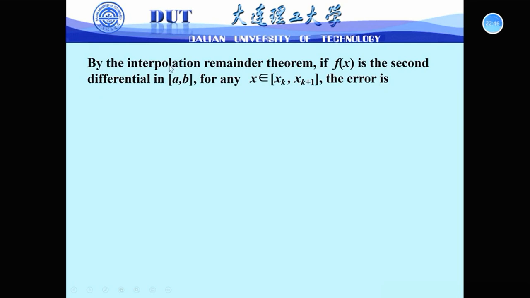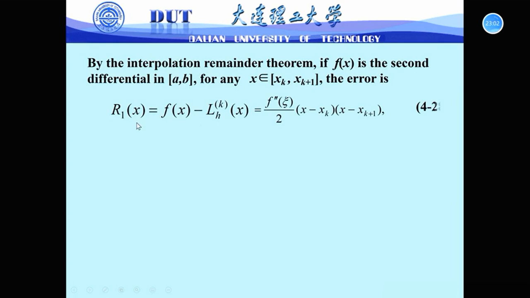Then, by the remainder theorem for interpolation, if f(x) is twice differentiable in [a, b], now we just consider in the example piecewise linear interpolation. Then we can obtain the error for each segment: f(x) minus L_h(x) on [xk, xk+1] is just this error term, right? The second derivative of f at ξ over 2, multiplied by (x minus xk) multiplied by (x minus xk+1). Just use the remainder term for linear interpolation.